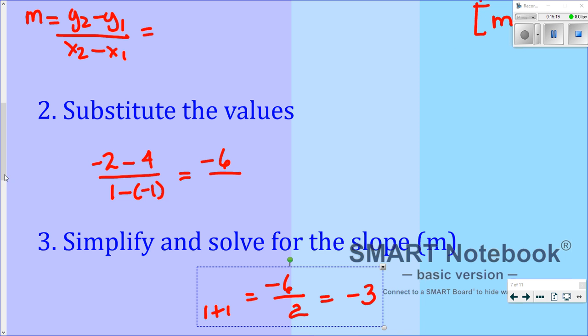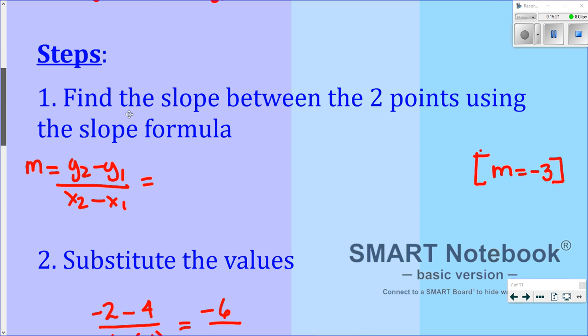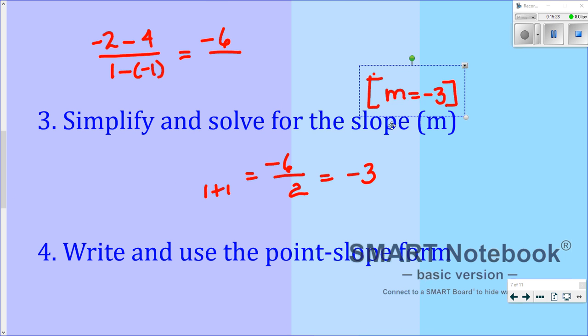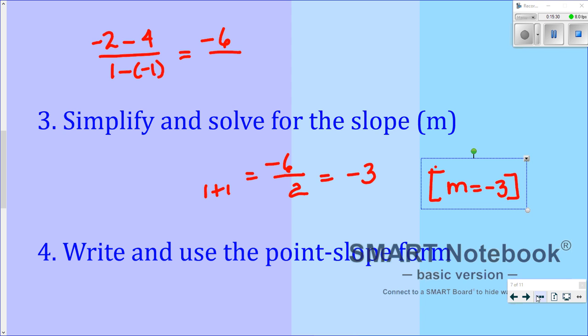And then I'm going to move the m that I found down here. So then I'll rewrite that in red. So this was -6. And then I put the m here.